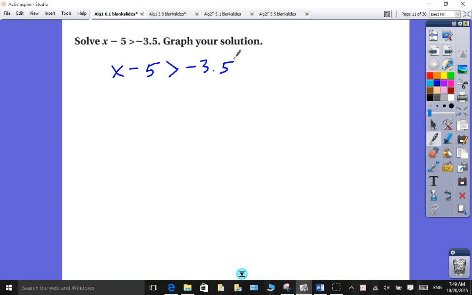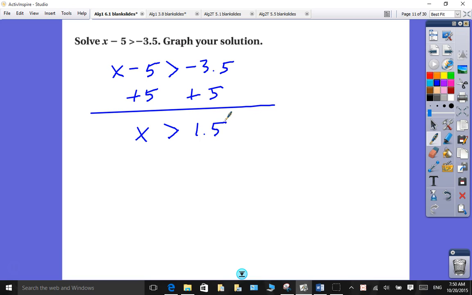But if you add it to one side, you add it to the other because that's the addition property of inequality. Plus 5, plus 5. The negative 5 plus 5 cancel. X is greater than, and what's negative 3.5 plus 5? 1.5.